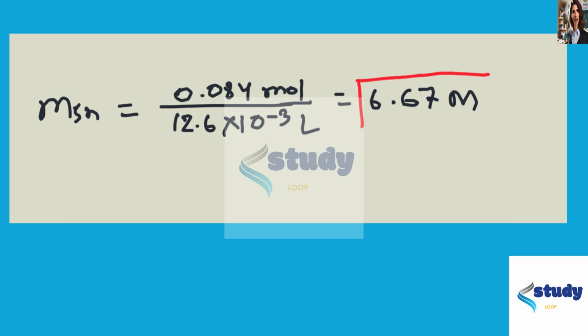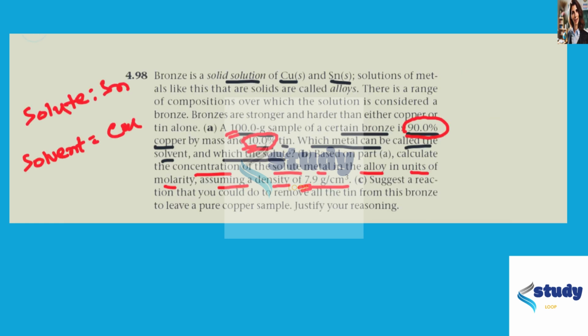So this is the concentration, or the molarity, of the solute, tin, in the bronze solid solution.